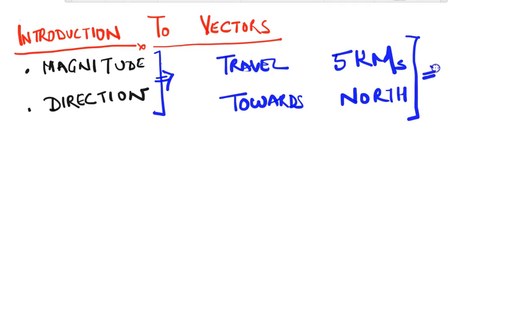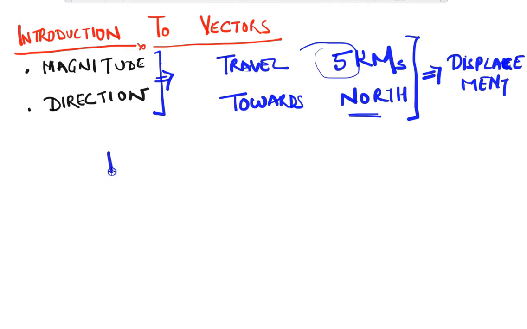We're talking about displacement, right? Now remember, we cannot just say go 5 kilometers. If you need to reach certain destinations, we would need to say what direction you need to travel. So in this case, we say you need to travel 5 kilometers towards north. So it has a measure and a direction.